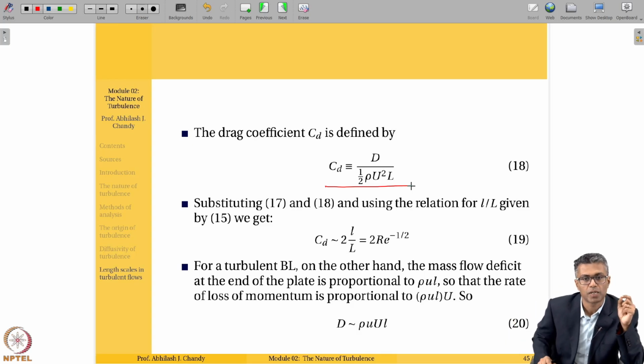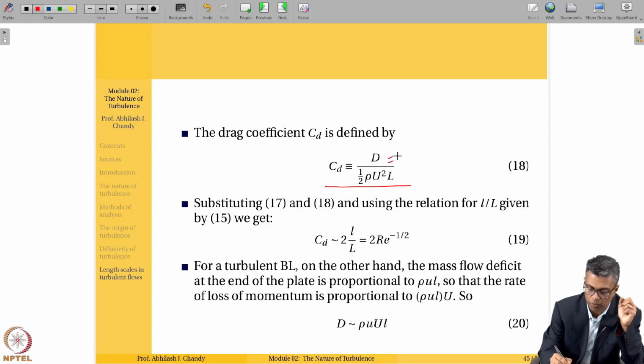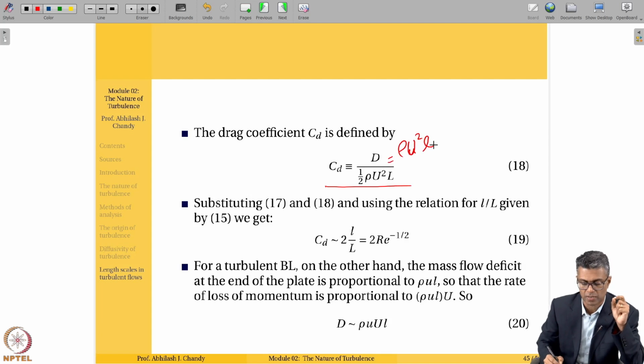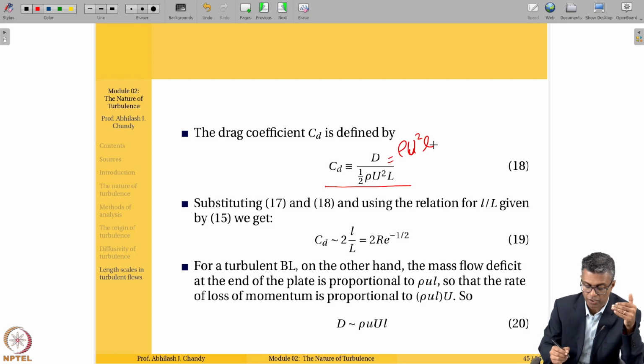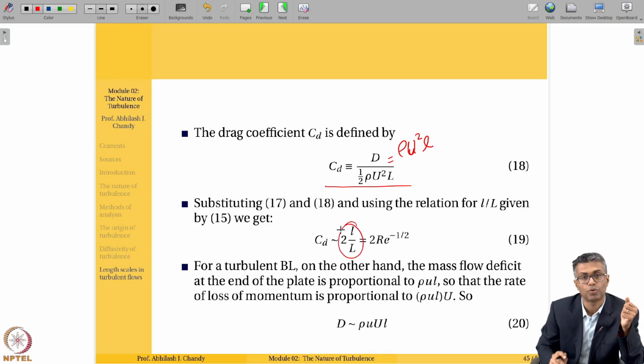If you use this previous equation, D equal to rho U squared l, and consider the drag coefficient here, you will get 2 l over L, which is 2 Re to the minus half.